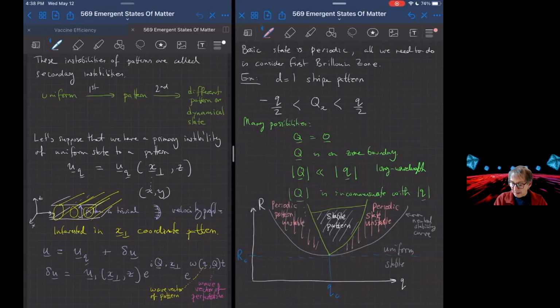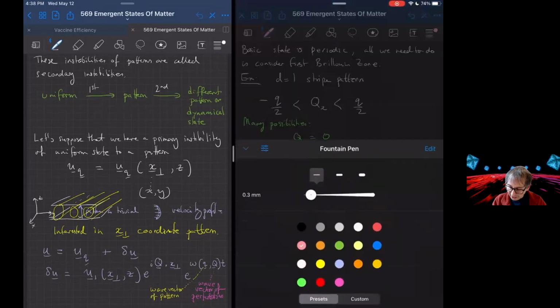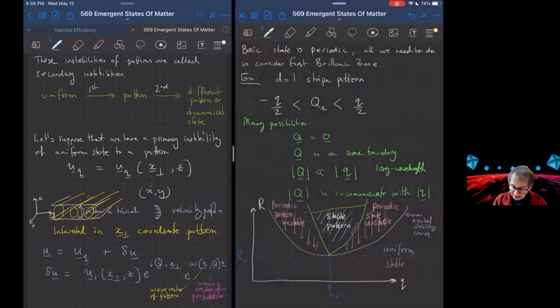Okay, now there are two stability boundaries that you can see here. There's one stability boundary, which is to the left, and that one is called the zigzag instability.